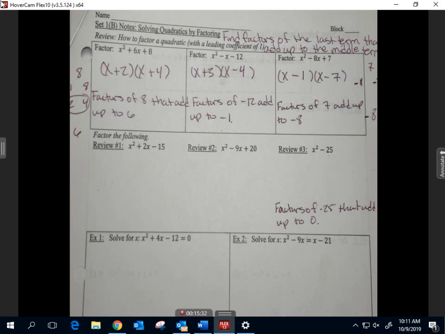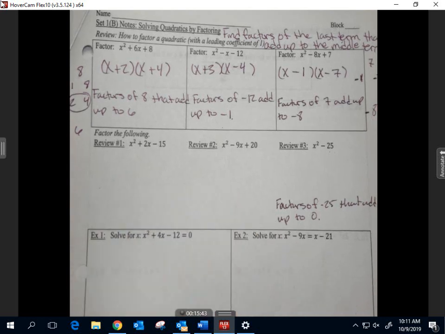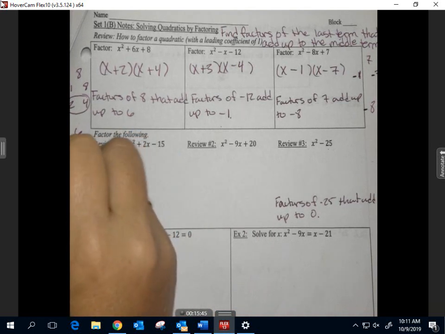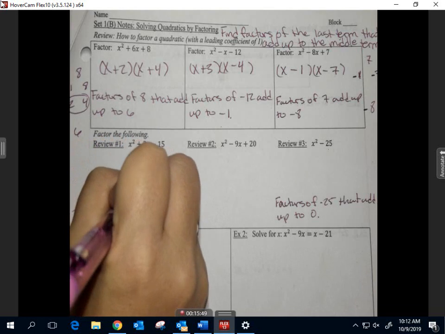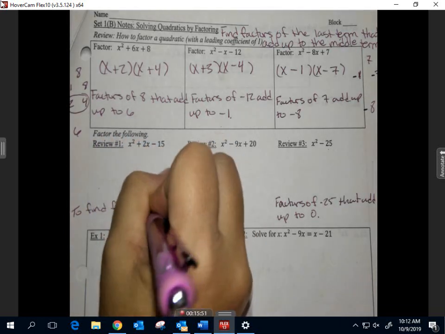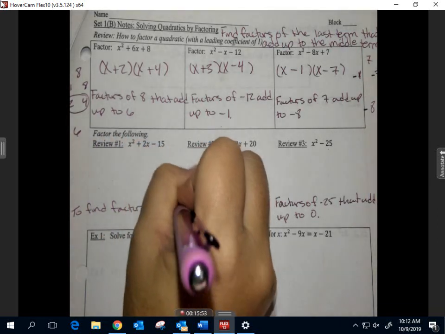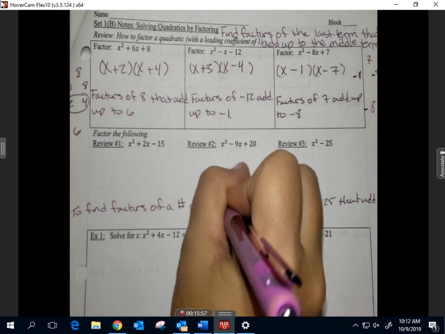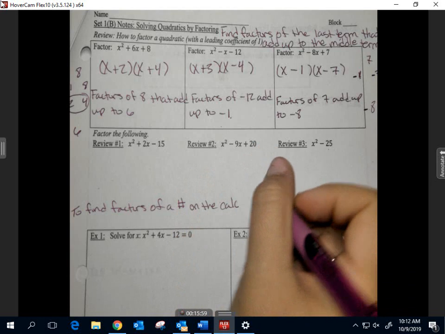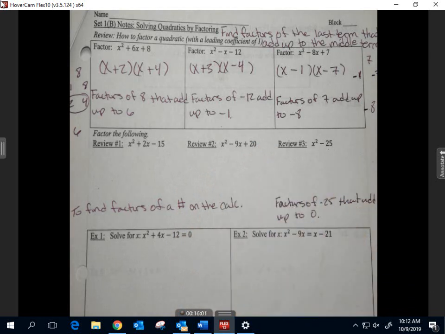Alright, so guys, I'm going to put some instructions on how you can find factors. Because if finding factors is giving you a hard time, I want to eliminate that. So, you can write this down. To find factors of a number on the calculator, this is how you do it, okay guys?